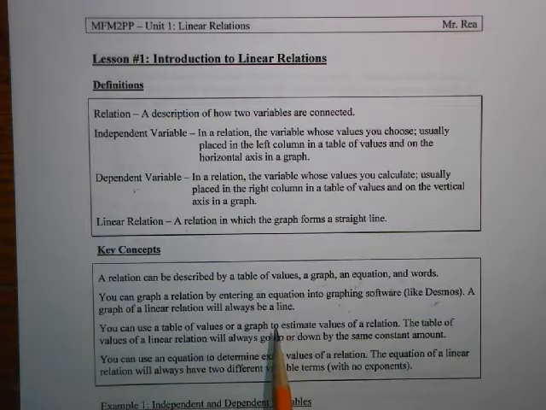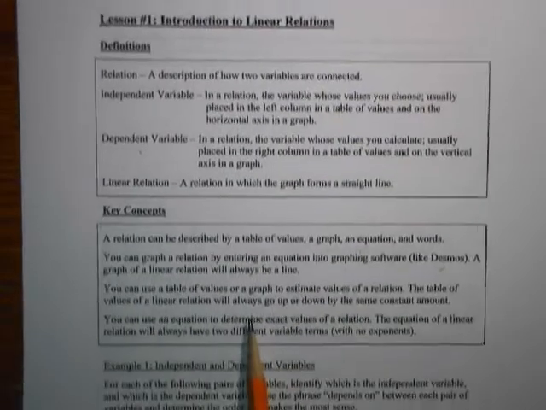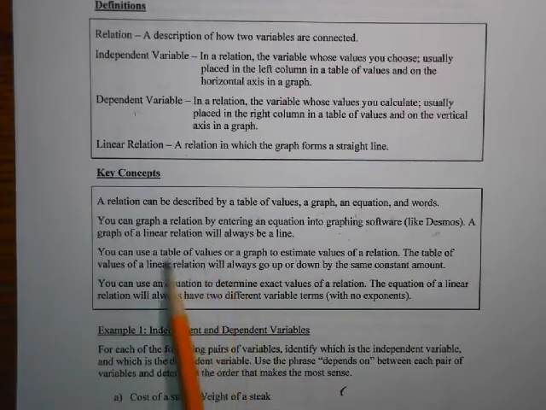Or you could graph it by hand and hopefully get the same result. And that result will always be a line. Okay, if it's not a line, well, it's either not a linear relation or there's been a problem calculating some of the points.